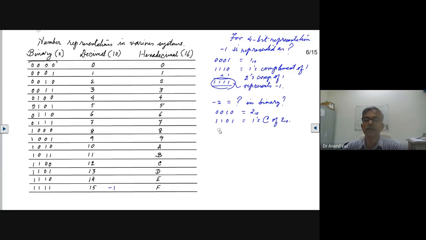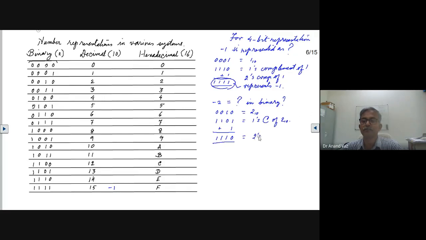Then you add 1 to it, you will get the 2's complement. So this is 1 plus 1 is 1, 0. So place 0 here, carry over 1. So you have 1 here, so this gives you the 2's complement.